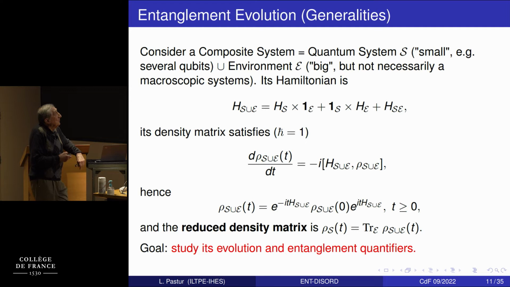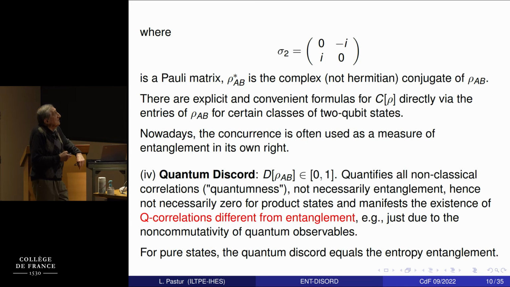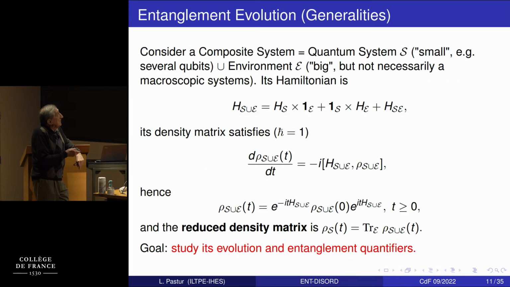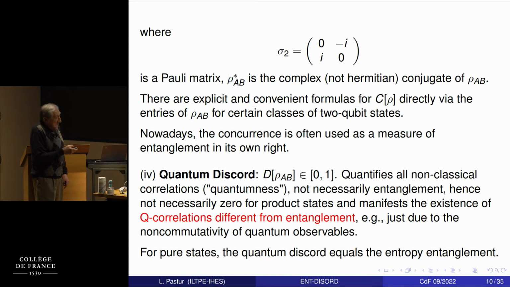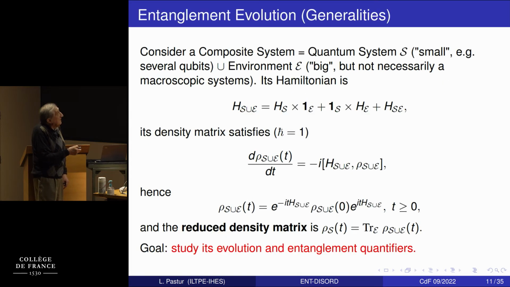What are we going to do? We are going to consider a certain system. In our case it will be just 2 qubits, but they are embedded in a big environment, yes?